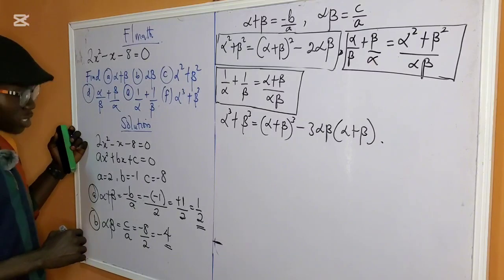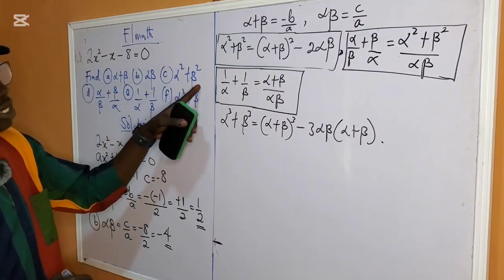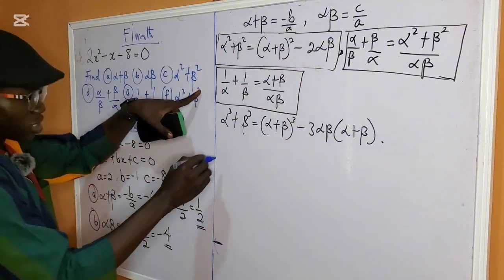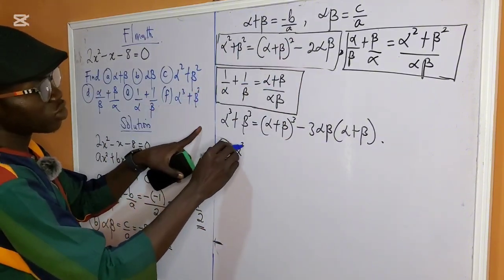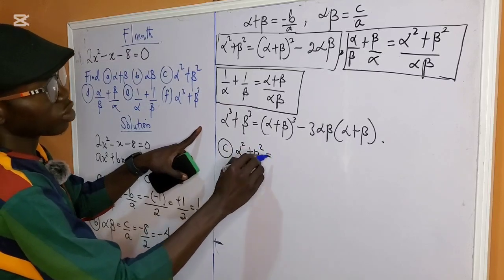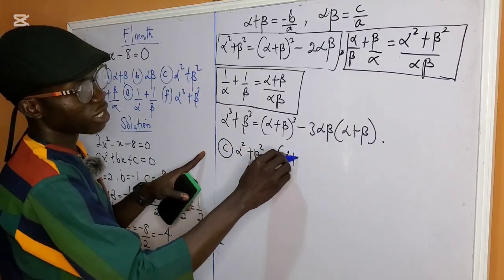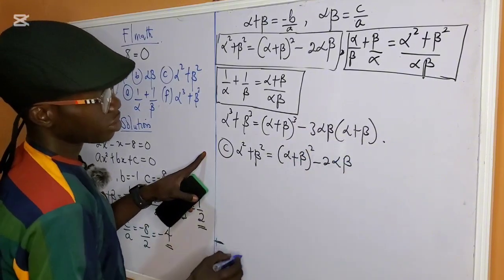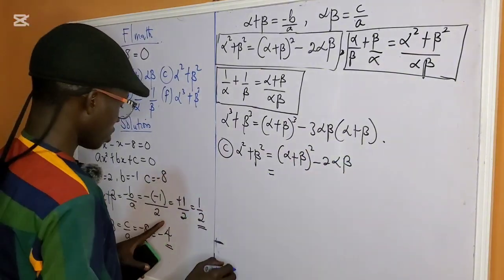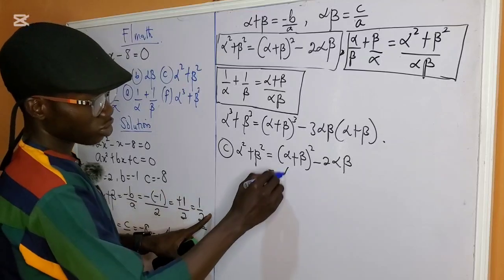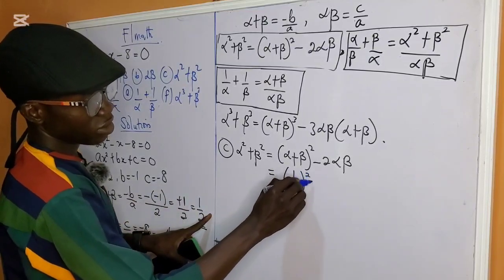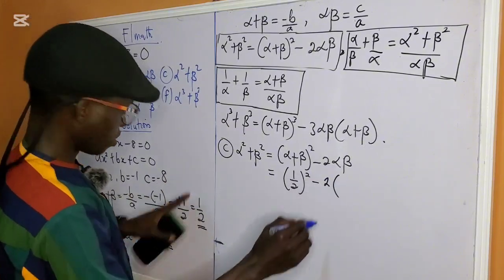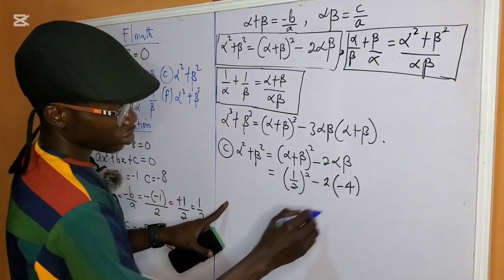The next one is to get alpha squared plus beta squared. Since I already have my formula here, I'll just write alpha squared plus beta squared equals alpha plus beta squared minus 2 alpha beta. So what's our alpha plus beta? That is 1 over 2. So 1 over 2 squared minus 2 alpha beta. Alpha beta is -4. So let's simplify.